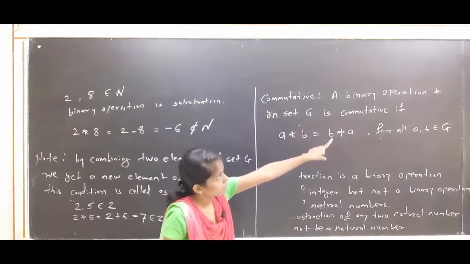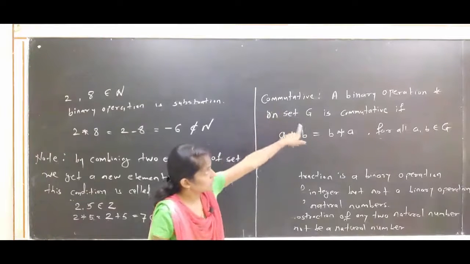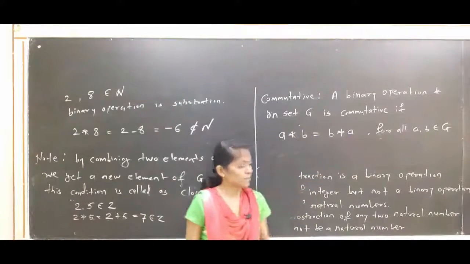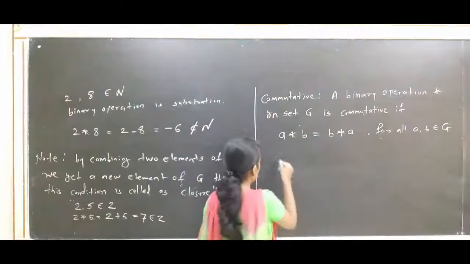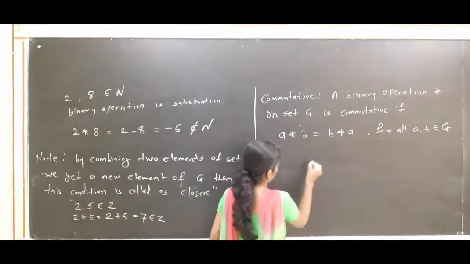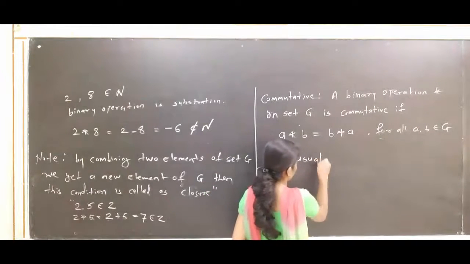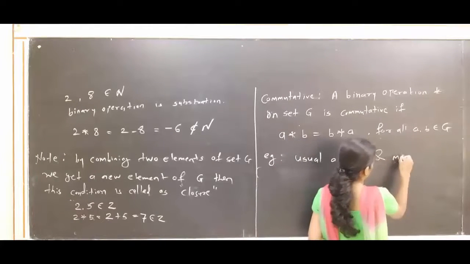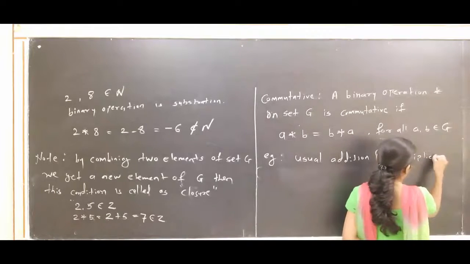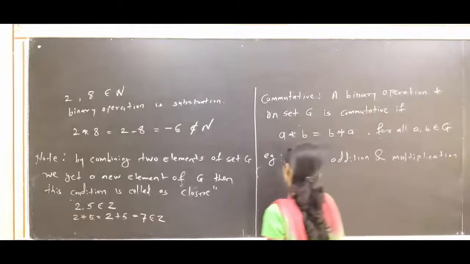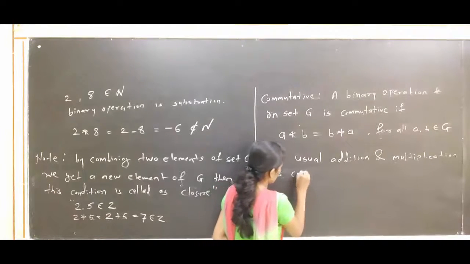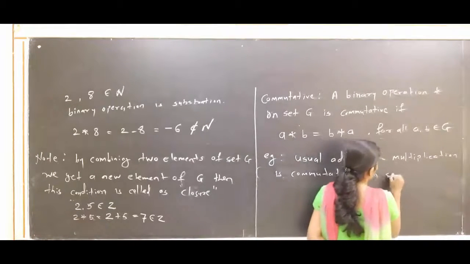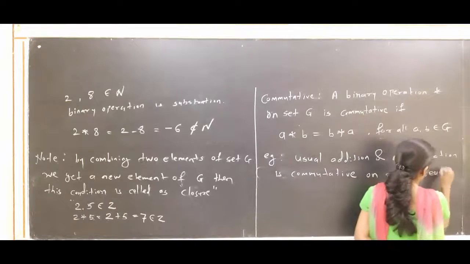A binary operation star on set G is commutative if a star b is equal to b star a for all a, b belonging to G. For example, usual addition and multiplication is commutative on the set of real numbers.